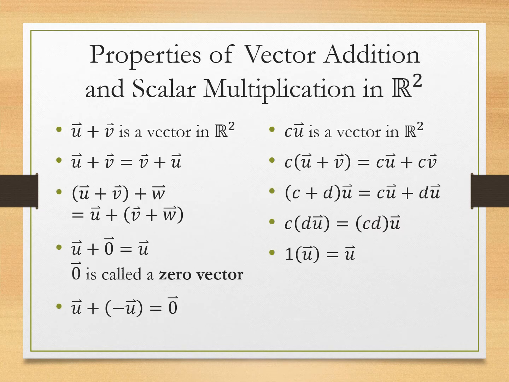These are some of the properties that apply to vector addition and scalar multiplication for 2-dimensional real vectors. So what are some properties? Well, if you add 2 vectors together and they are both 2-dimensional real vectors, then the result will still be a 2-dimensional real vector, right?